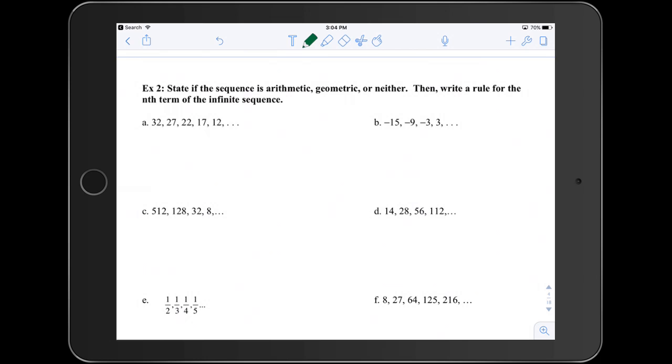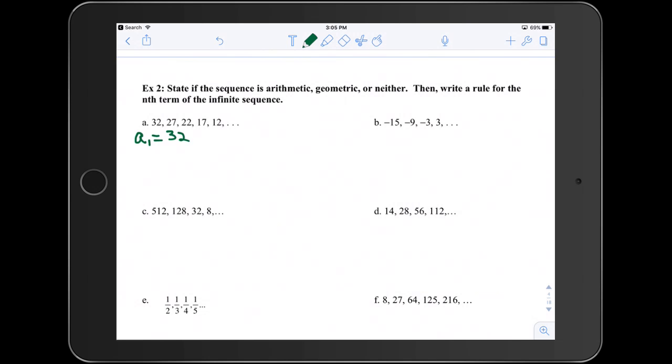Here's a trick: A and B end up being arithmetic, C and D are geometric. So we're going to focus on A and B to start with to get a feel for this arithmetic explicit rule. If you look at that general rule, what you do need to know is your very first term, your a sub 1, which obviously the very first term value here is 32.